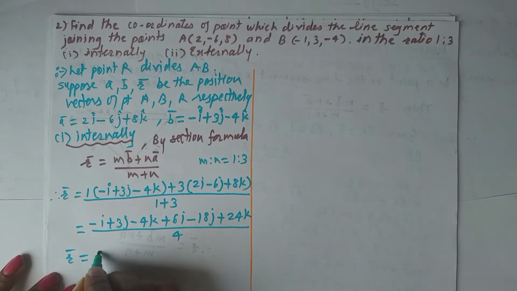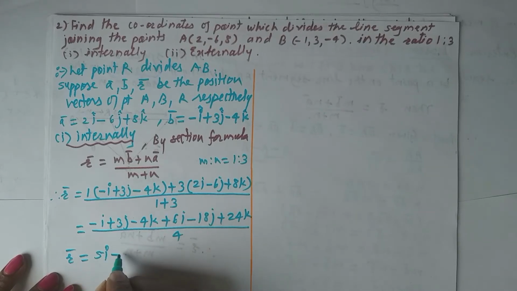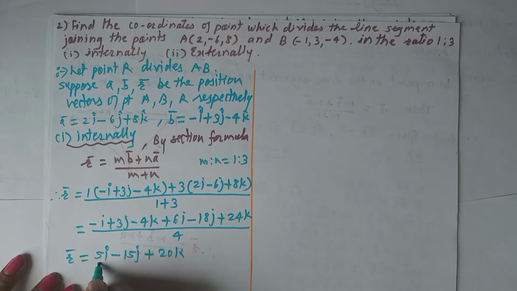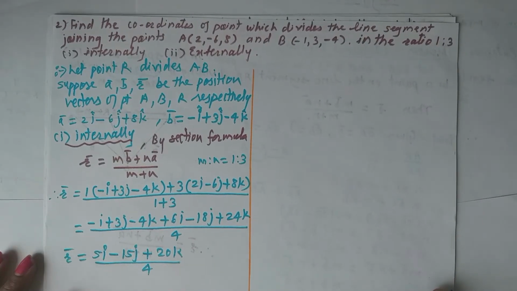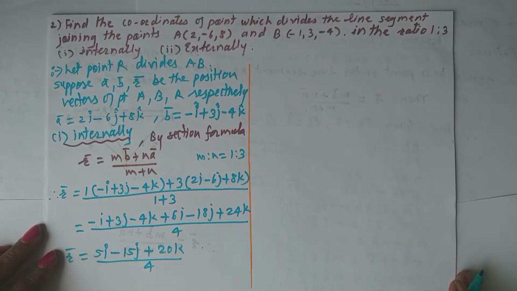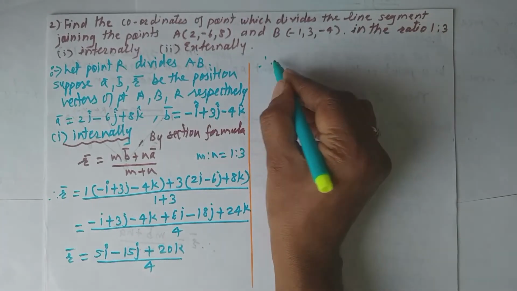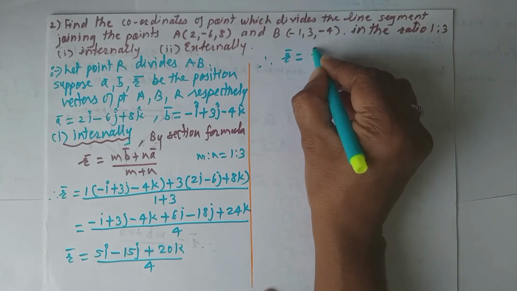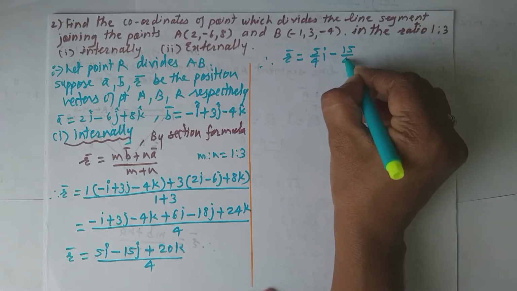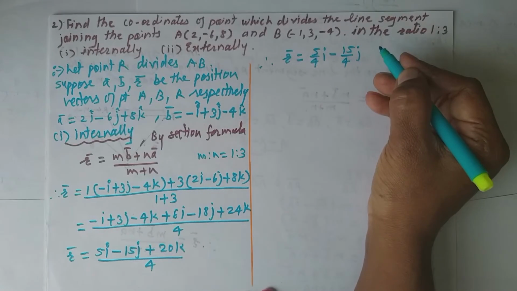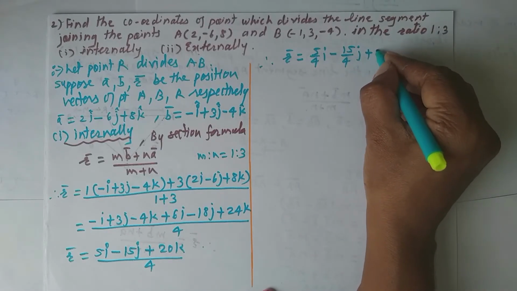Therefore, R bar will be (5i minus 15j plus 20k) divided by 4. Now I will divide this separately. Therefore R bar is equal to 5 by 4 i minus 15 by 4 j and 20 divided by 4, meaning 5.